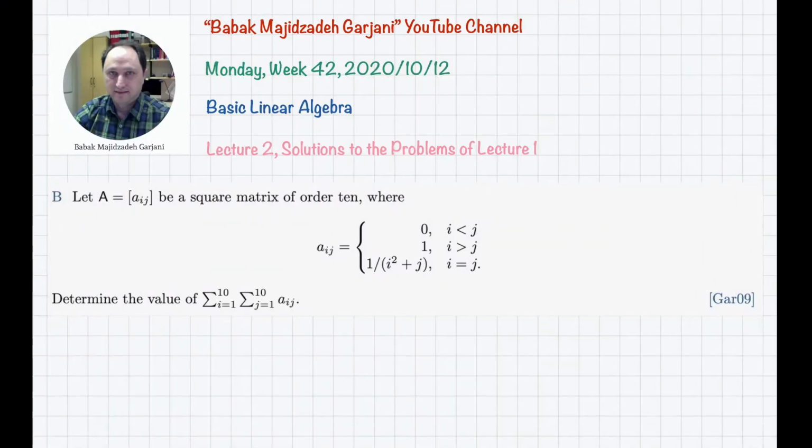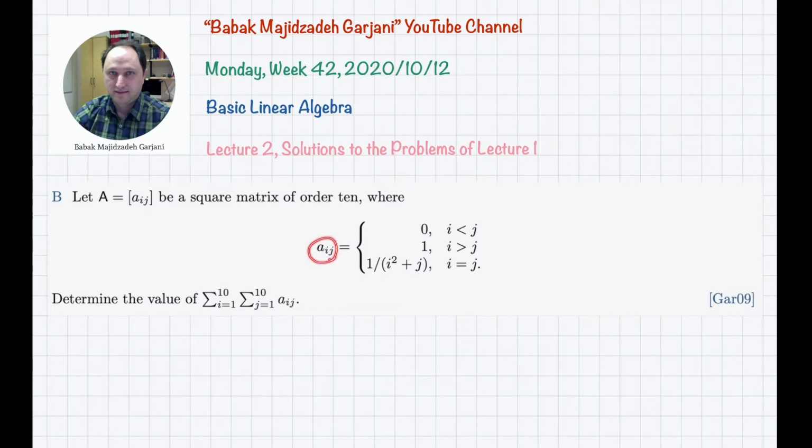Okay, now problem B. Let A be a square matrix of order 10. So A is a 10 by 10 matrix. The entries a sub ij are defined using these relations. a sub ij is defined to be 0 if the i index is less than the j index.